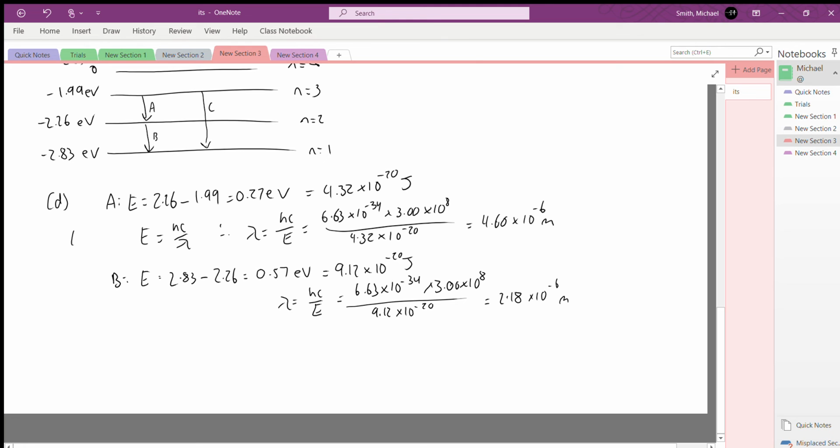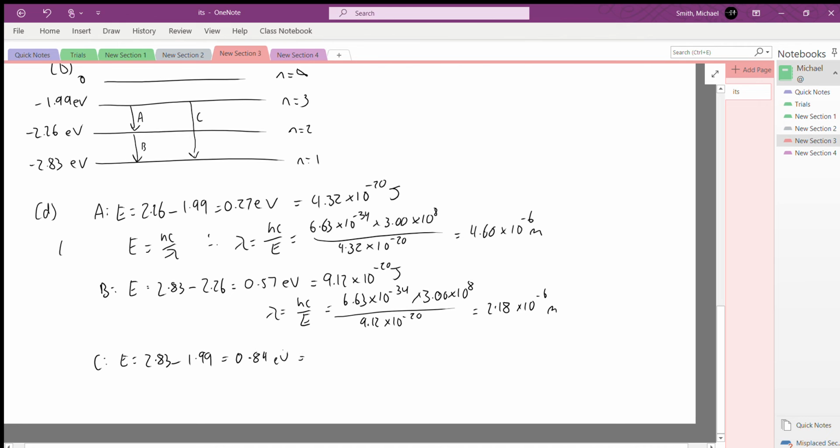Finally, photon C, so our energy is equal to 2.83 minus 1.99 equals 0.84 electron volts, which equals 1.34 times 10 to the power of minus 19 joules, and lambda equals hc on E. So Planck's constant multiplied by speed of light all over that energy gives 1.48 times 10 to the power of minus 6 meters.